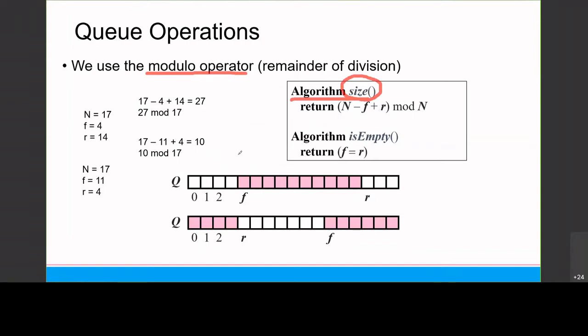Now we have this circular fashion, and the pink color is the element that is available in the Q. But the white color means we have no element. So how can we know the size?